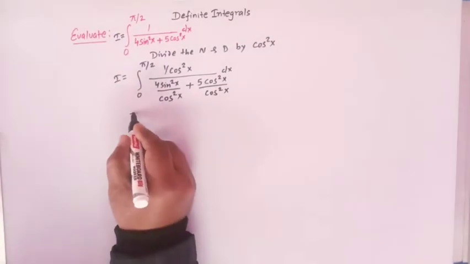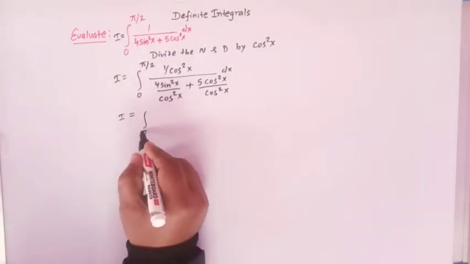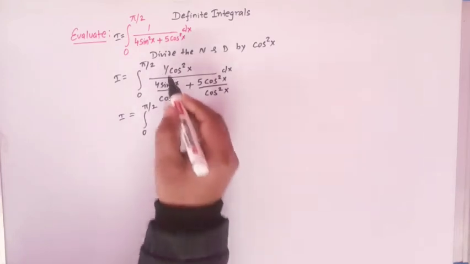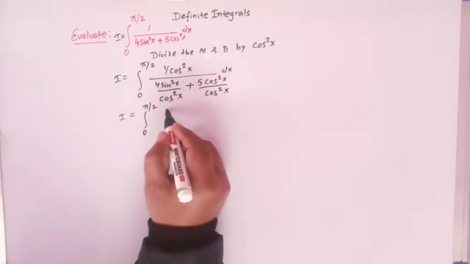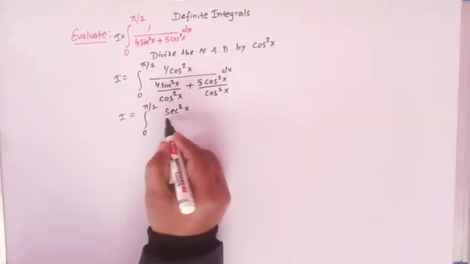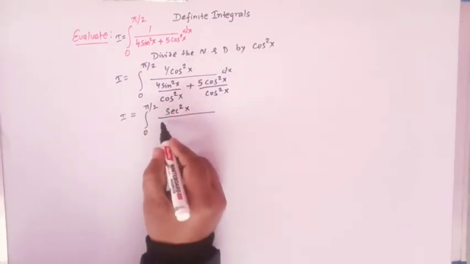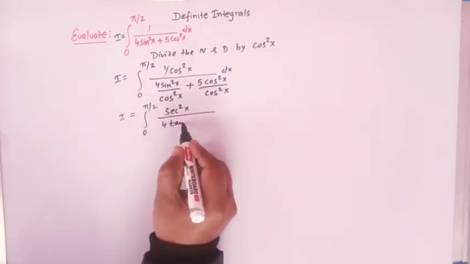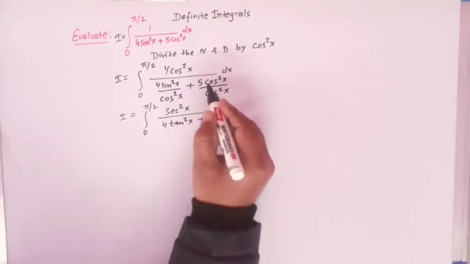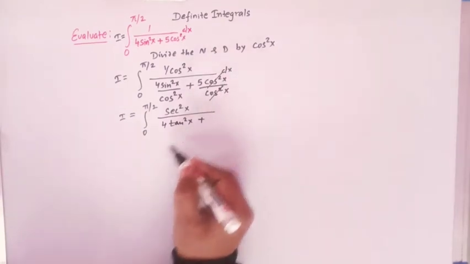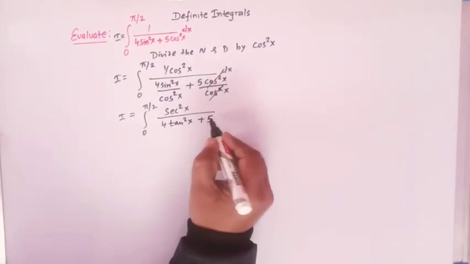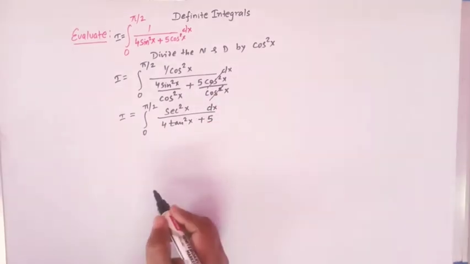Okay, now here we can simplify it. 1 over cos square x is secant square x, and here we have 4 tan square x, and here cos square x and cos square x get cancelled, and we are left with 5, right?